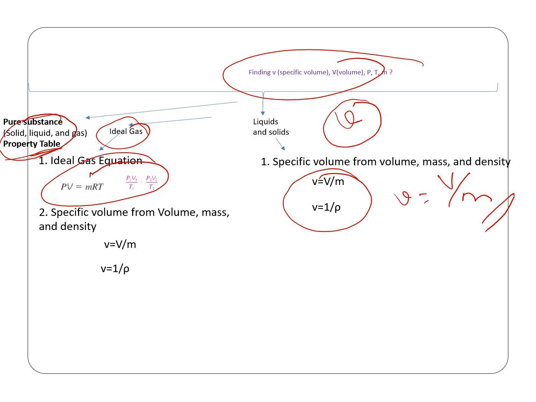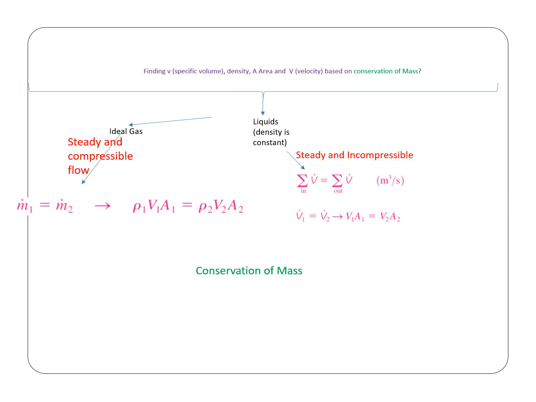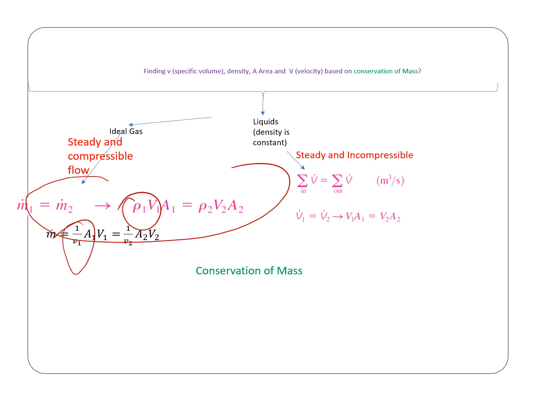Also, specific volume is the reciprocal of the density. And if it's an open system, you can use the conservation of mass equation to find the specific volume, provided the cross-sectional area and the velocity of the fluid are given.